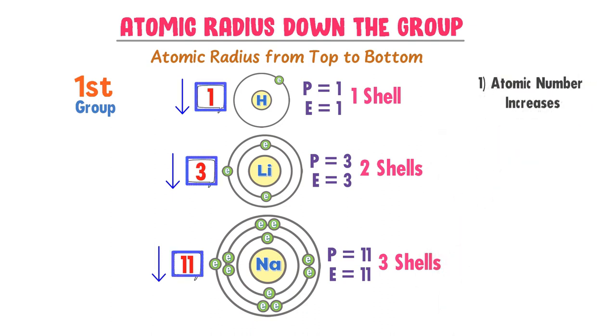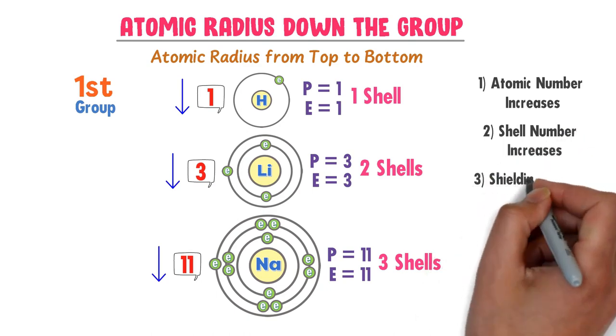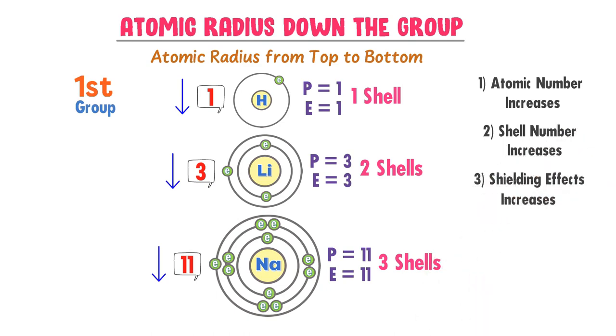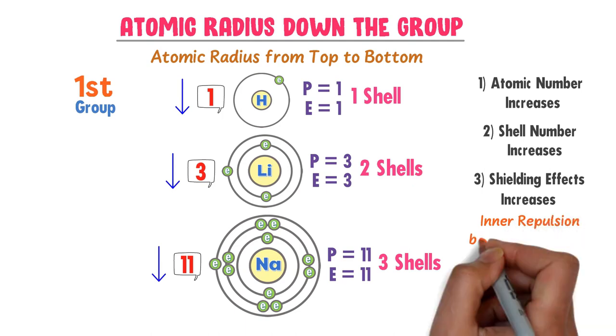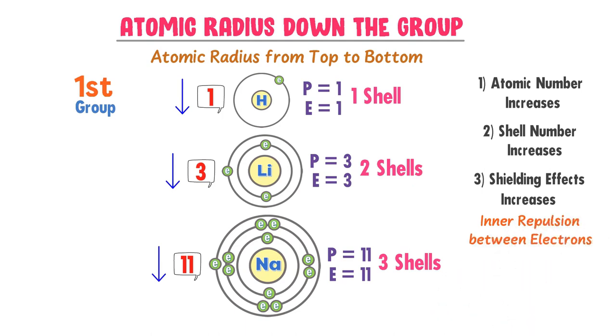Now listen carefully. Atomic number increases down the group. Secondly, number of shells also increases, due to which shielding effect also increases. Now what is shielding effect? Well, shielding effect means the inner repulsion in the shells between electrons.